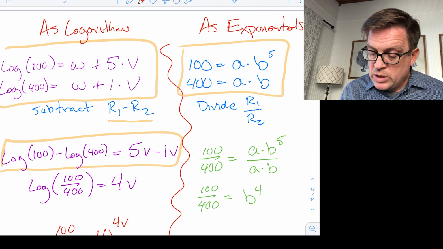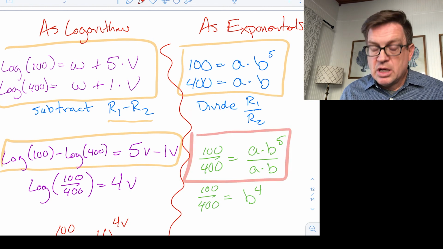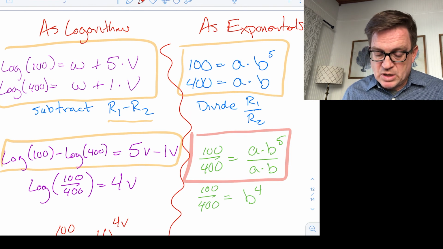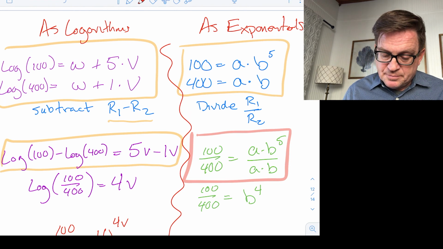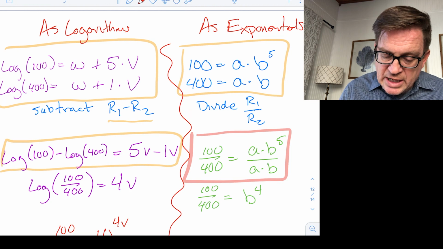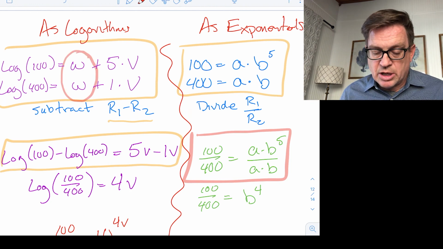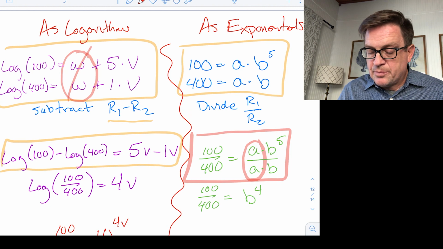And if we do that, we get 100 over 400 equals a times b to the fifth over a times b. Just like the w's cancel out on this side when we subtracted those two equations, the a's cancel out on this side when we divide those two equations.